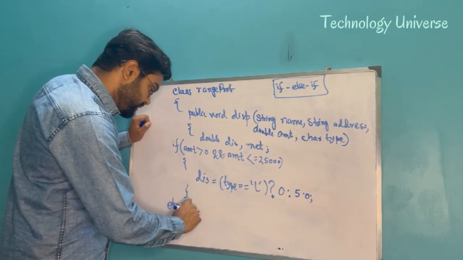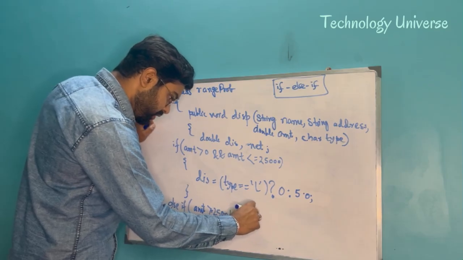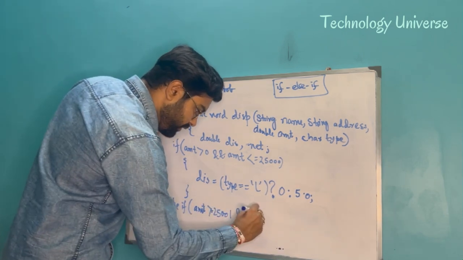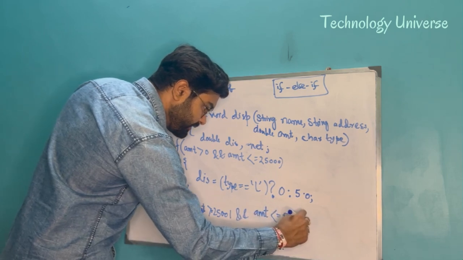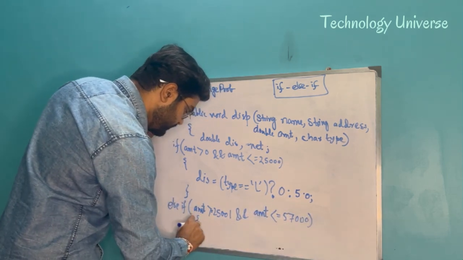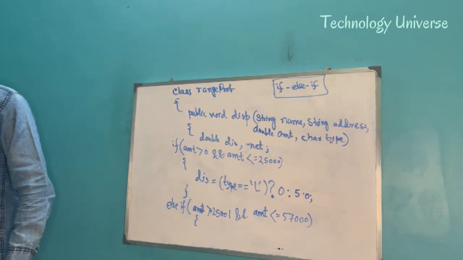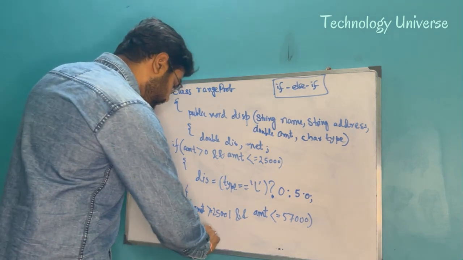Now the next range is if the amount is greater than or equal to 25,001 and smaller than or equal to 57,000. The next slab is up to 57,000, over 25,001 and then 57,000. Then the laptop's percentage is 5 and desktop is 7.5.